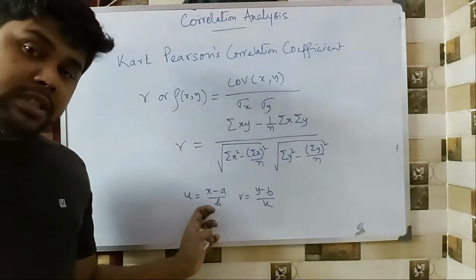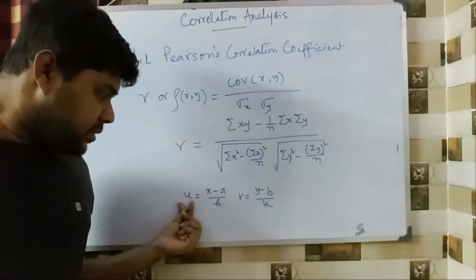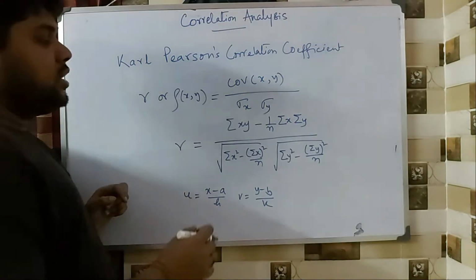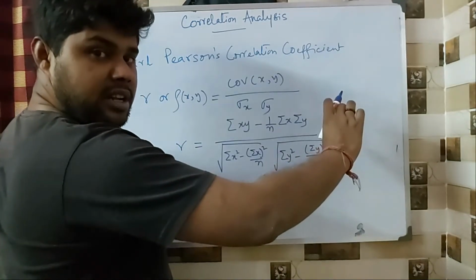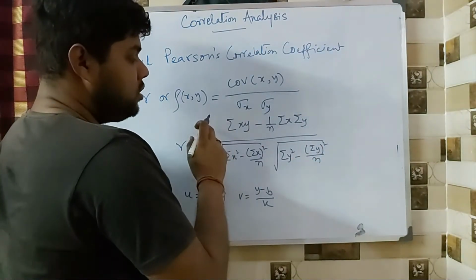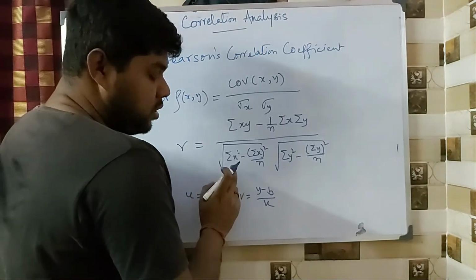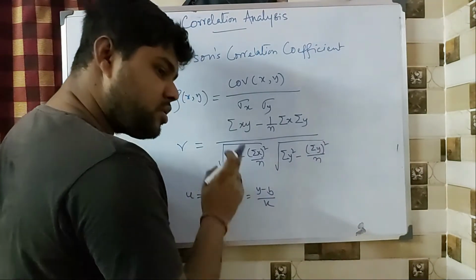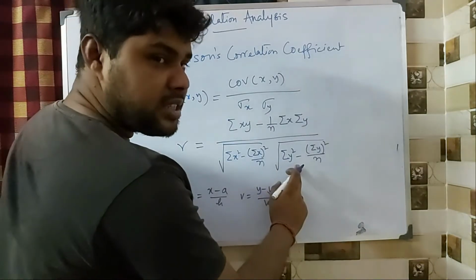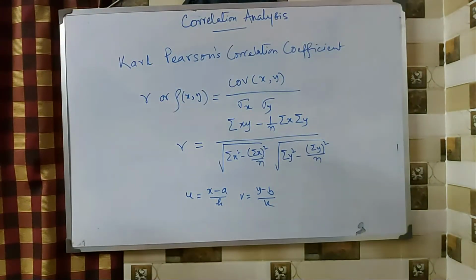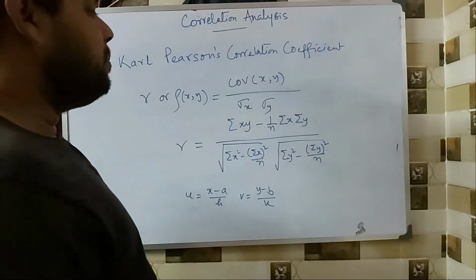If I do this scaling here, what happens? You see, covariance in itself requires a scaling factor of h and k. In case of standard deviation, here also I need a scaling factor of h, here also a scaling factor of k. So all those things will get cancelled actually.